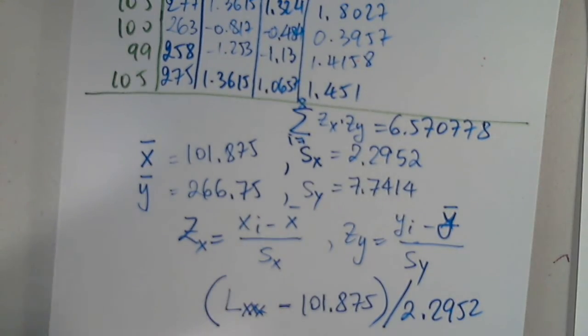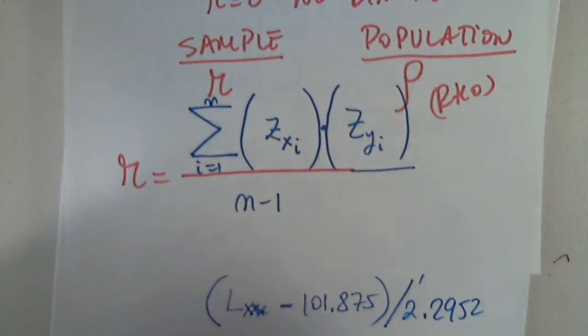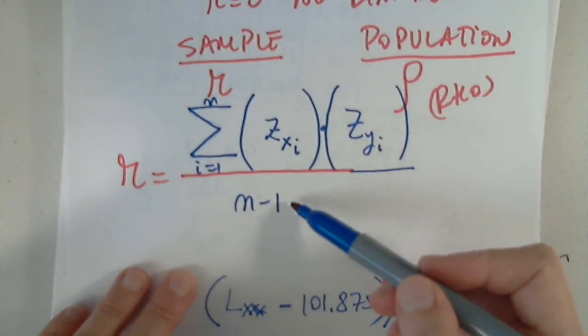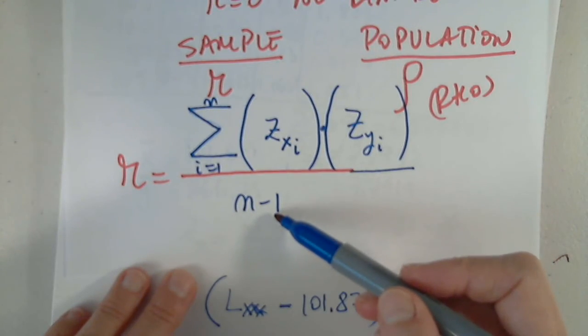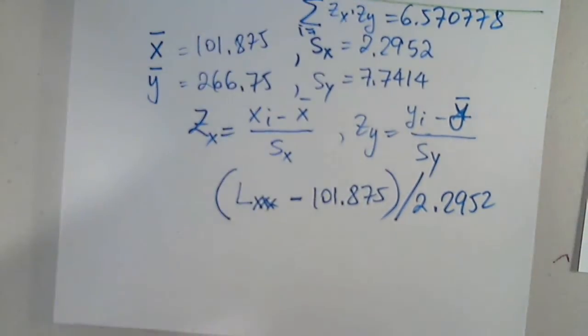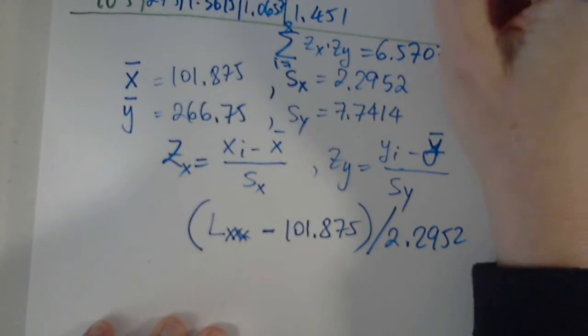So what have we accomplished so far? All this piece is done. All I have to do is divide by 8 minus 1. So finally, I'm going to write it out here because I have room.